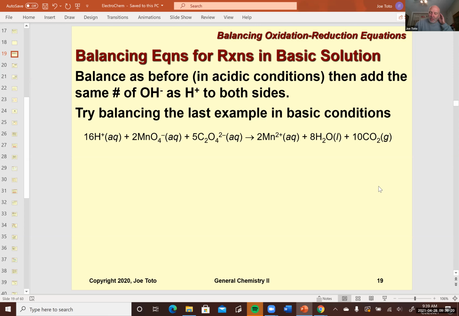All right, so a quick recap of what we talked about yesterday. We introduced some of the terms in electrochemistry concerning reduction and oxidation. We learned the importance of oxidation numbers as far as determining whether a reaction was in fact a redox reaction or not.